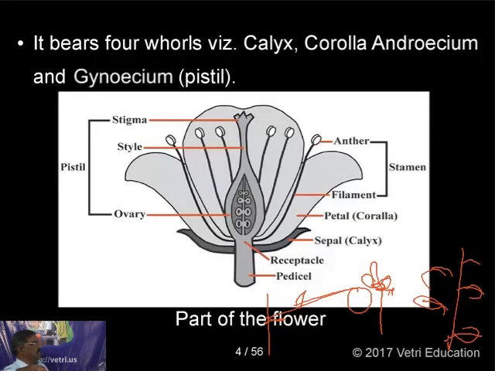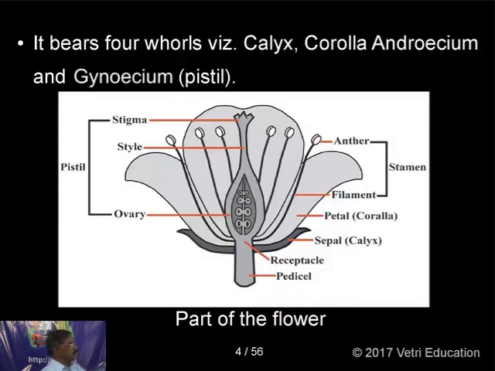Here you can see a typical flower in a diagram. This is the pedicel, and at the tip of the pedicel we have the receptacle, which bears the floral parts. The floral parts are the outer green sepals, then the colored petals, and then the stamens.